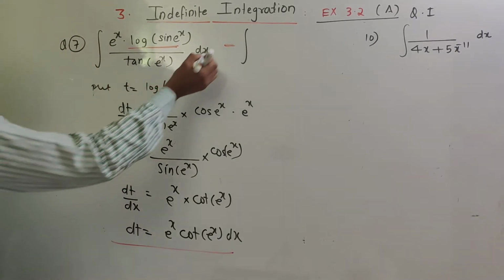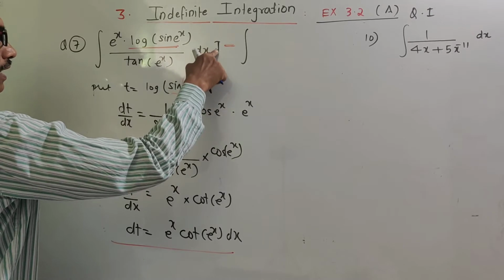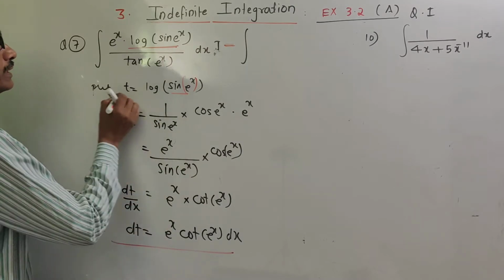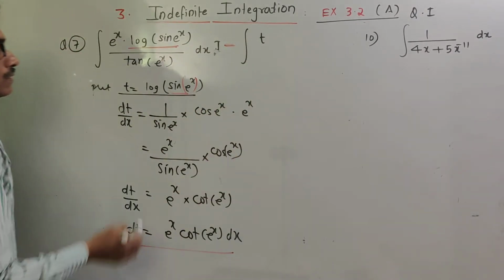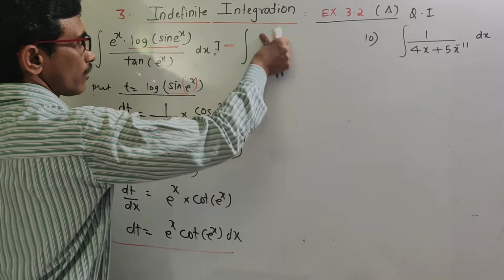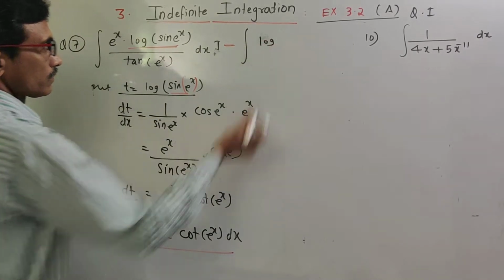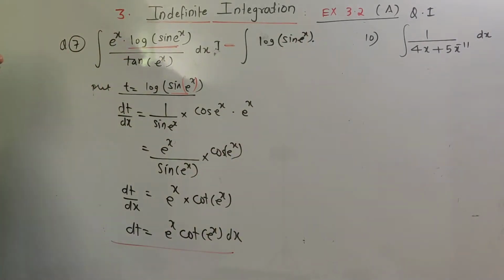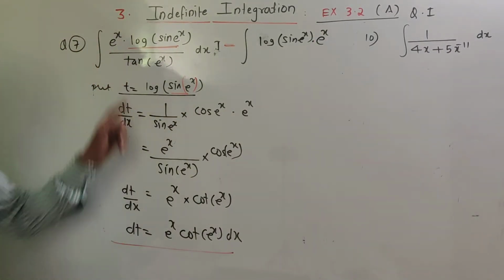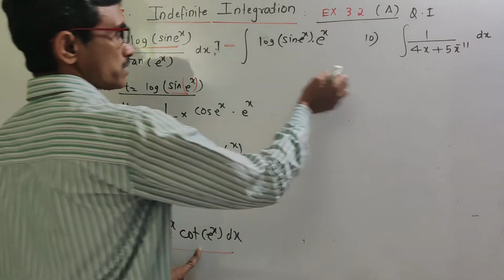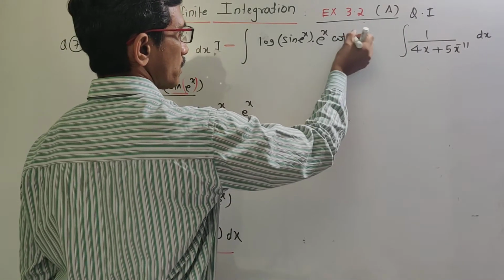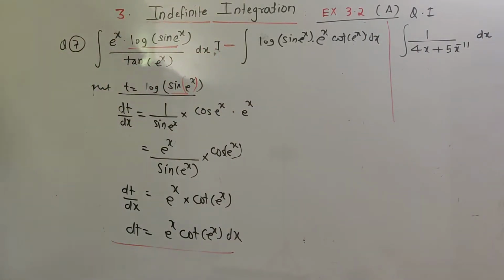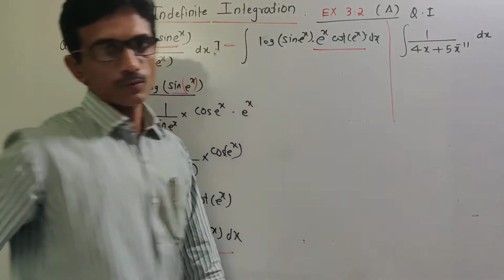Here integral I is equal to the integral of log of sin of e raised to power x, which is t, into e raised to power x cot of e raised to power x dx.